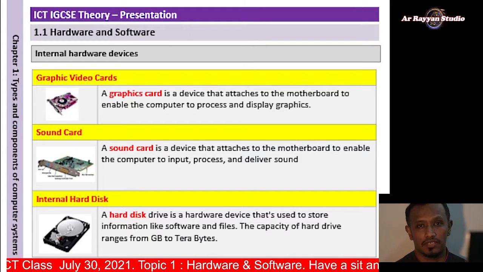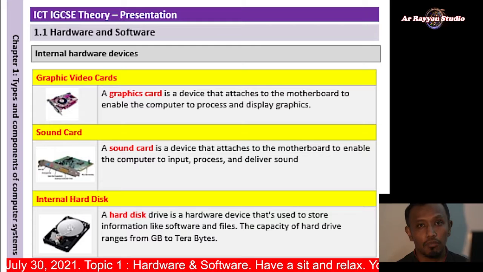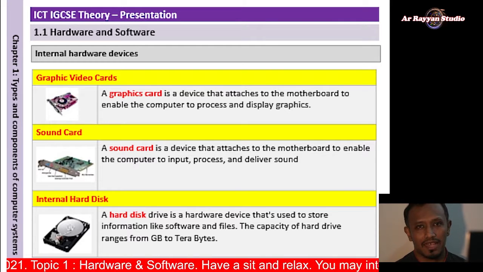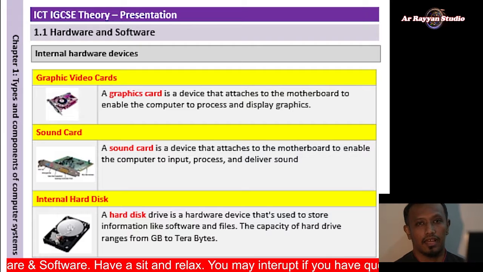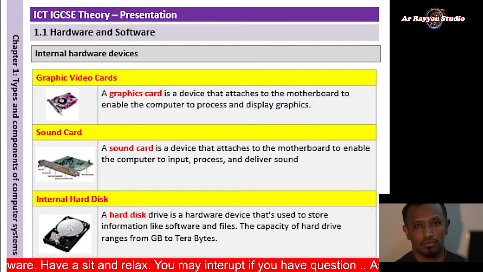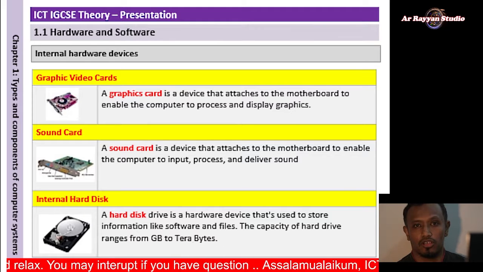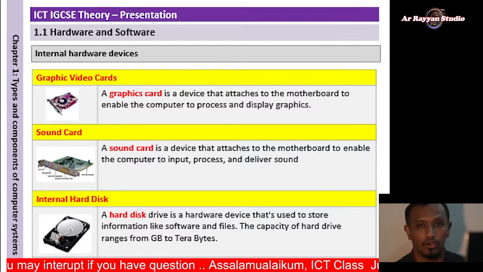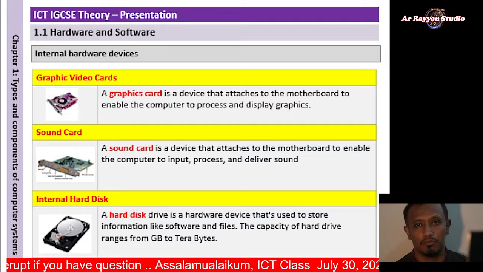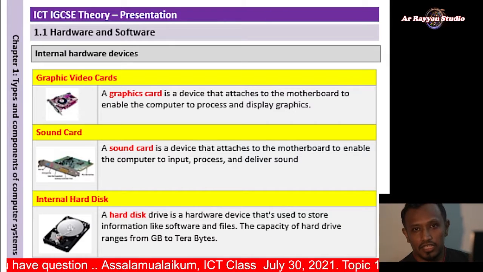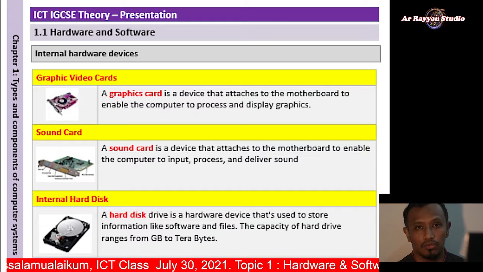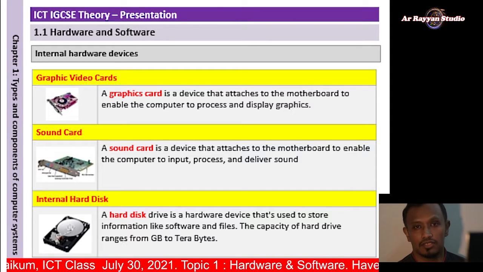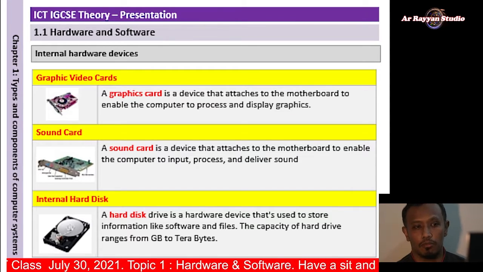If you buy a PC or laptop, sometimes the graphics card is embedded into the board. But if you become a video editor, graphic editor or gamer, you need a high performance graphic card to run your programs.